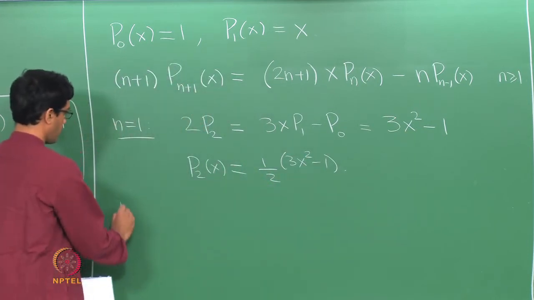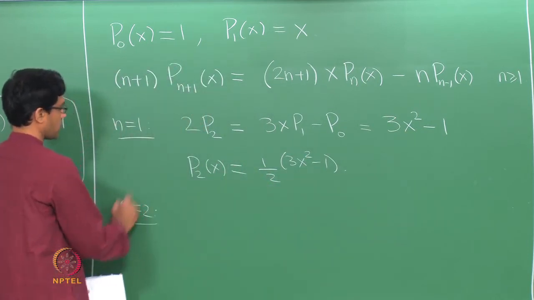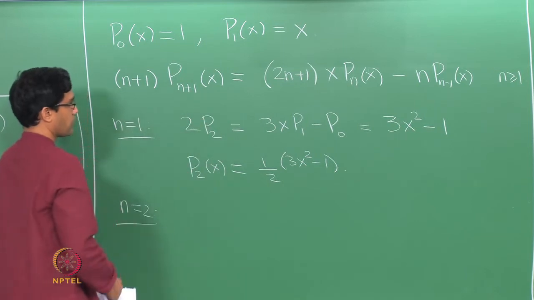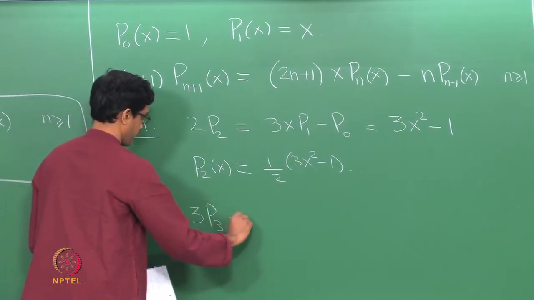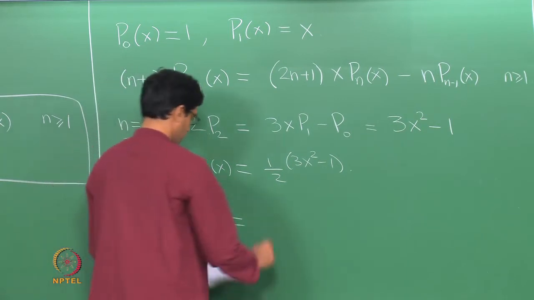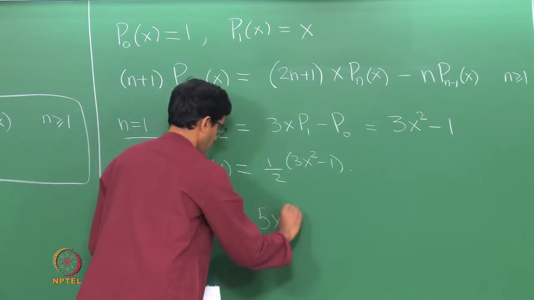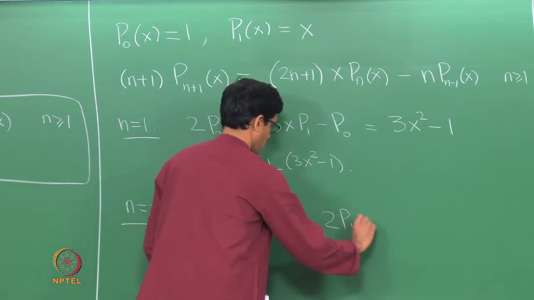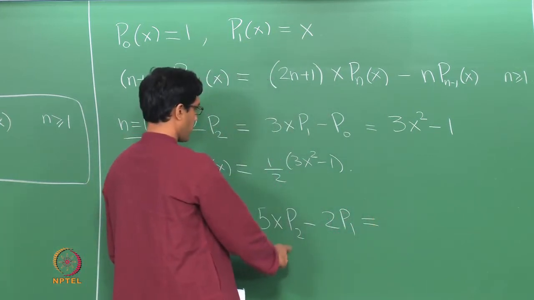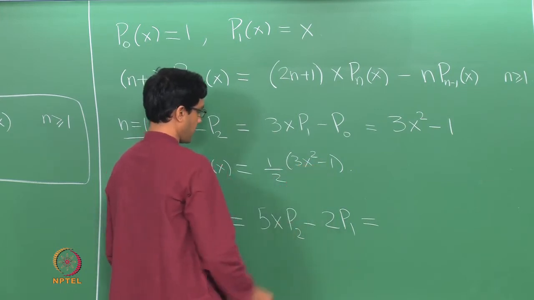Okay. Similarly, let us put n equals 2 in the recurrence relation. We get 3 times P3 equals 5x P2 minus 2 P1, and we just computed P2 is half of 3x squared minus 1.